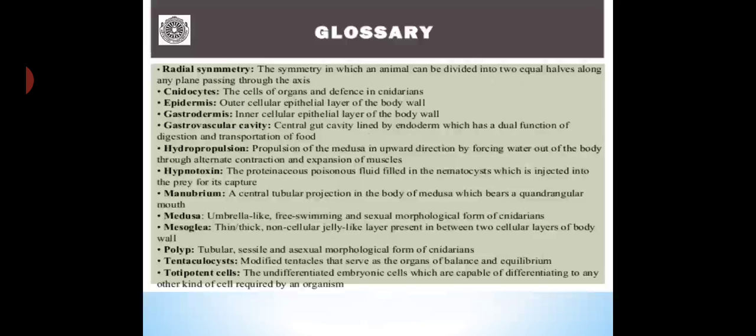Mesoglea: this thick or thin, non-cellular jelly-like layer is present between the two layers. Next, polyp: it is tubular, sessile and asexual member of the colony.